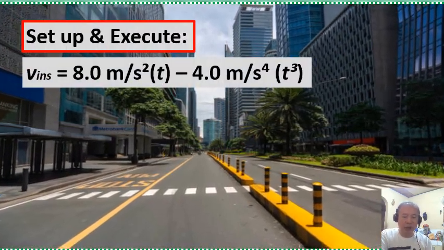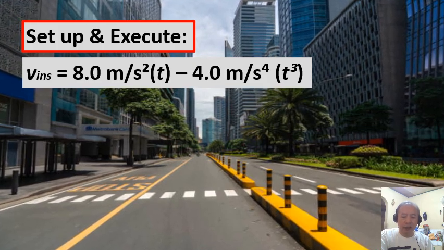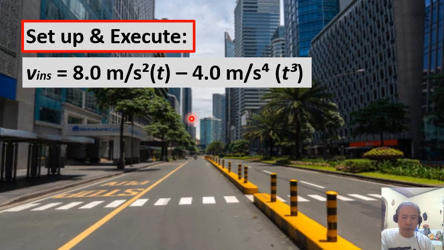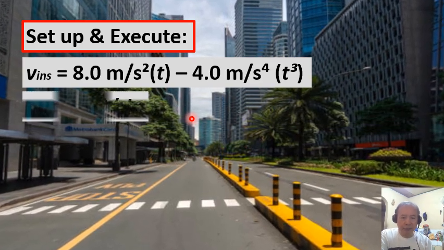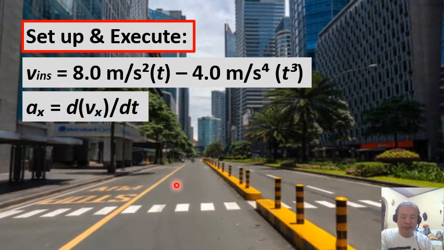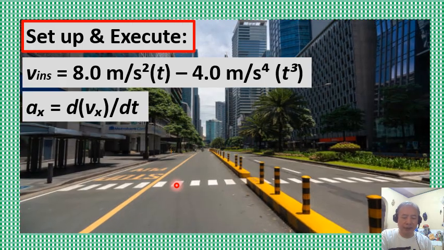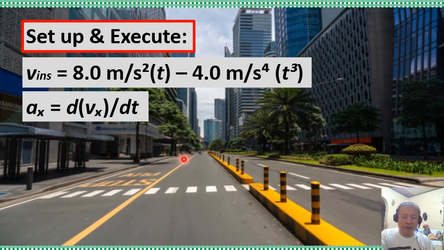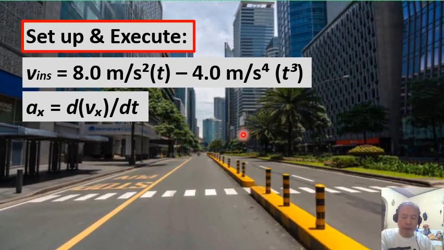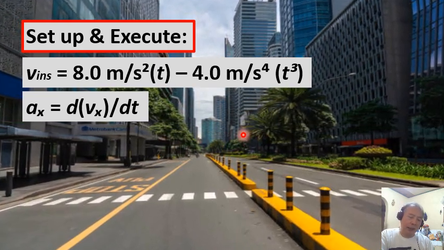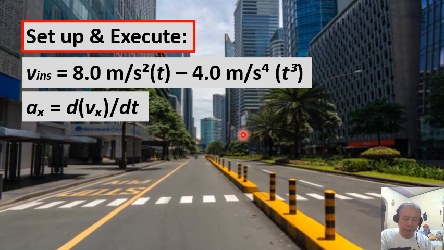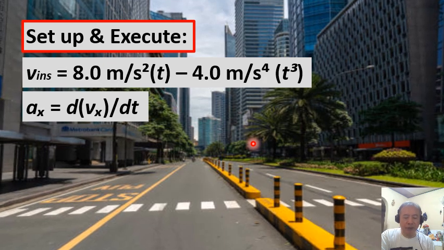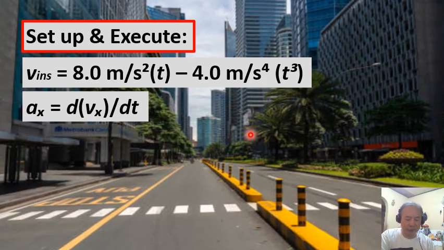Last but not the least, we solve for the acceleration at the same instant t equals 2.0 seconds. So we get the first derivative of the velocity function, dVx over dt. The velocity function is a polynomial, so its derivative requires a straightforward process.